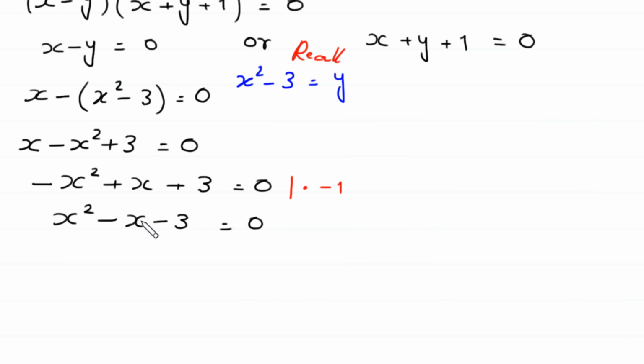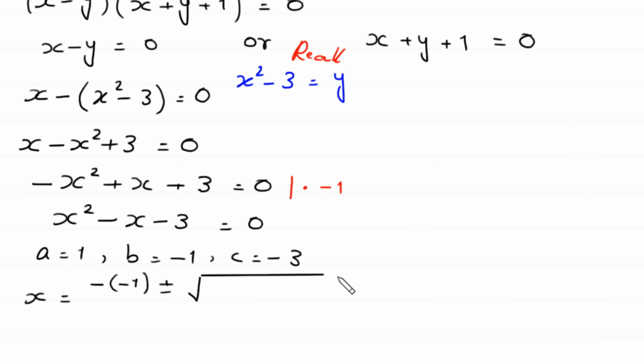Now this is not factorable, so we solve it by quadratic formula. In this equation, a is equal to 1, b is equal to negative 1, and c is equal to negative 3.